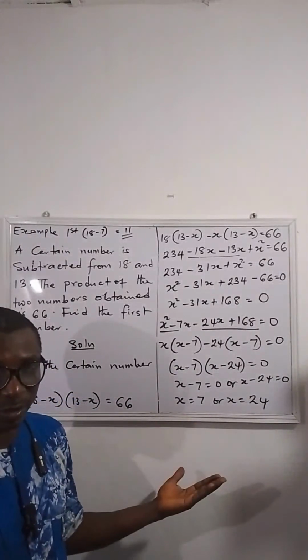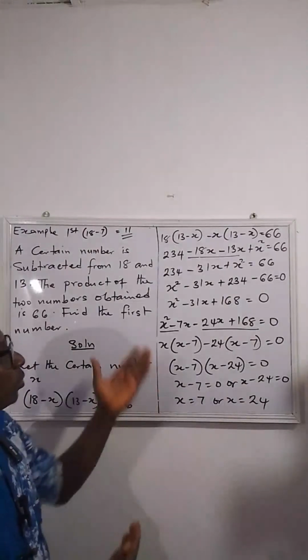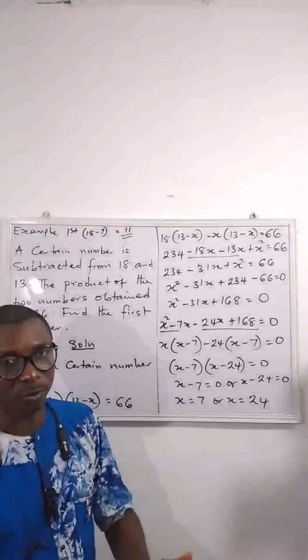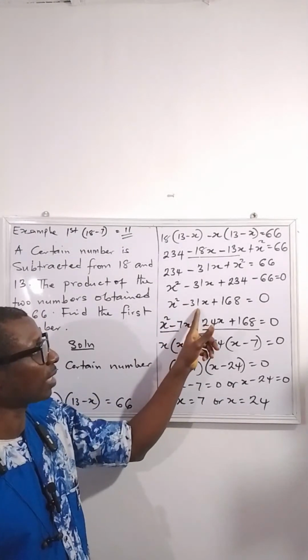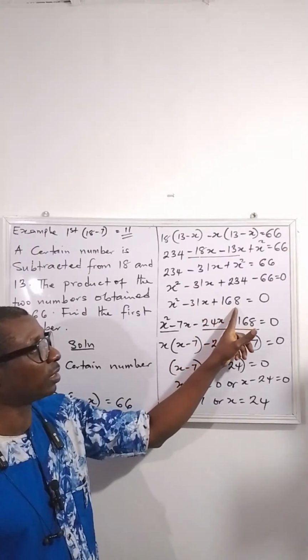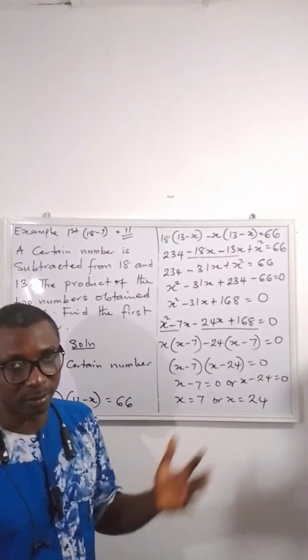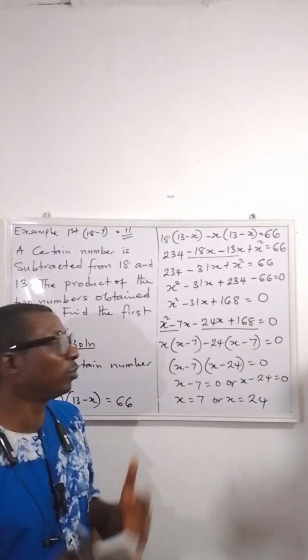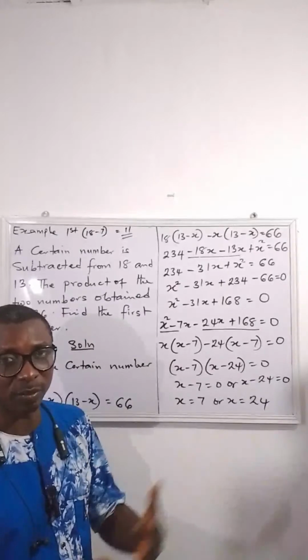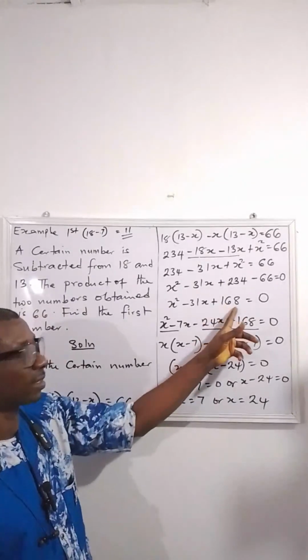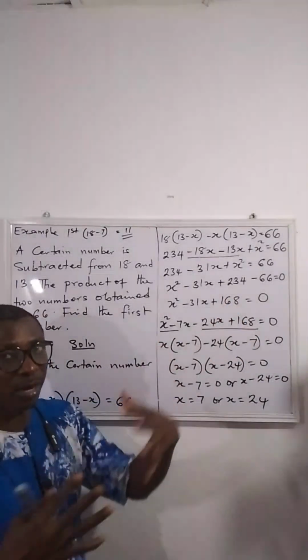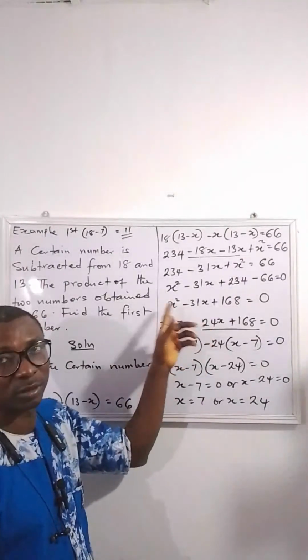So the next thing is to solve. Now you must identify your sum and product. The sum is minus 31 and the product is 168. Now the procedure is you look for two numbers such that when you multiply together you have 168, and when you add together you have minus 31.